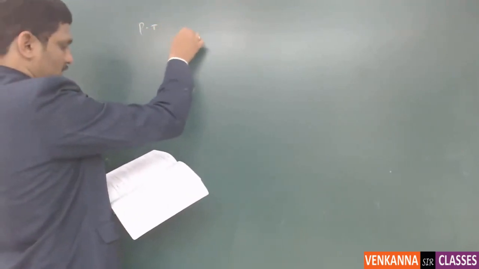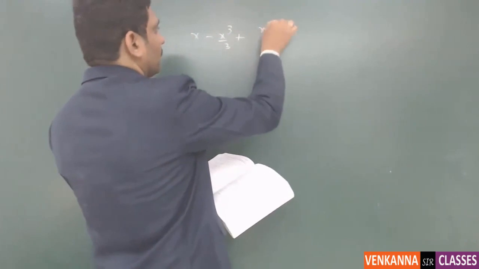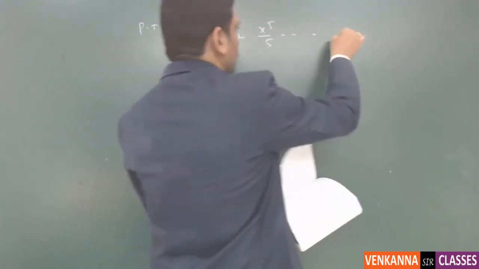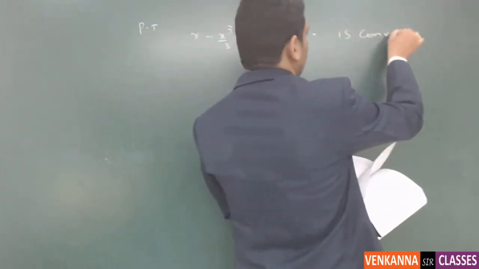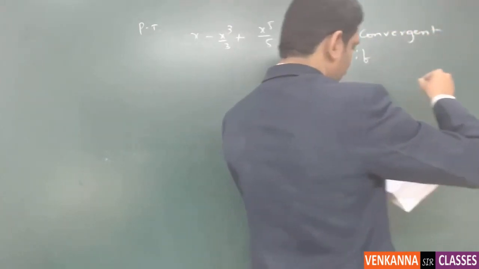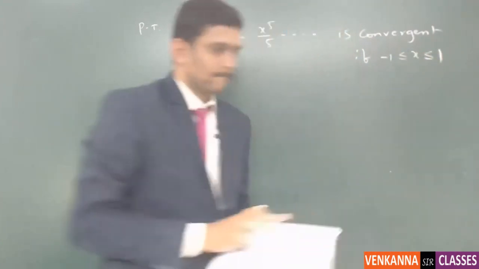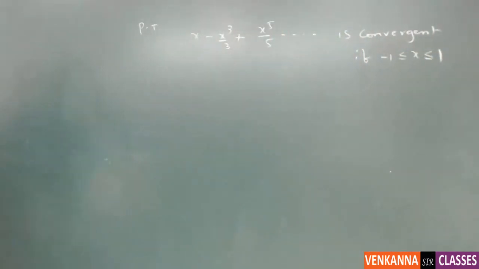Prove that x minus x cube by 3 plus x power 5 by 5 plus so on is convergent if minus 1 less than or equal to x less than or equal to 1.